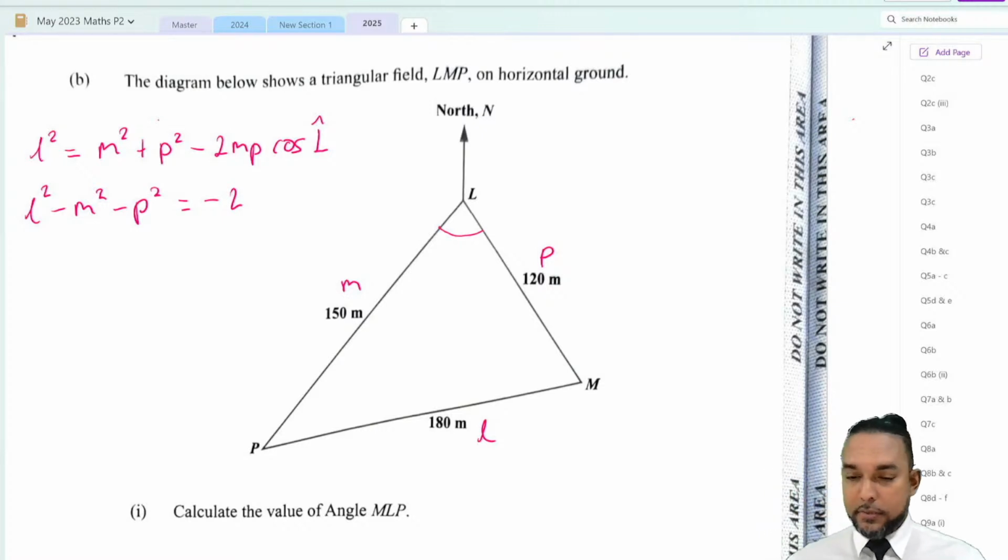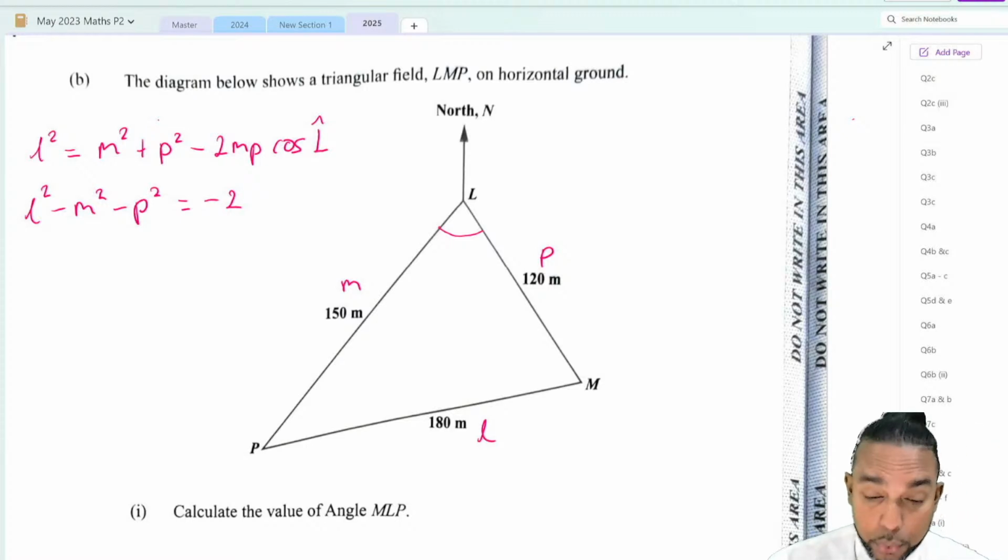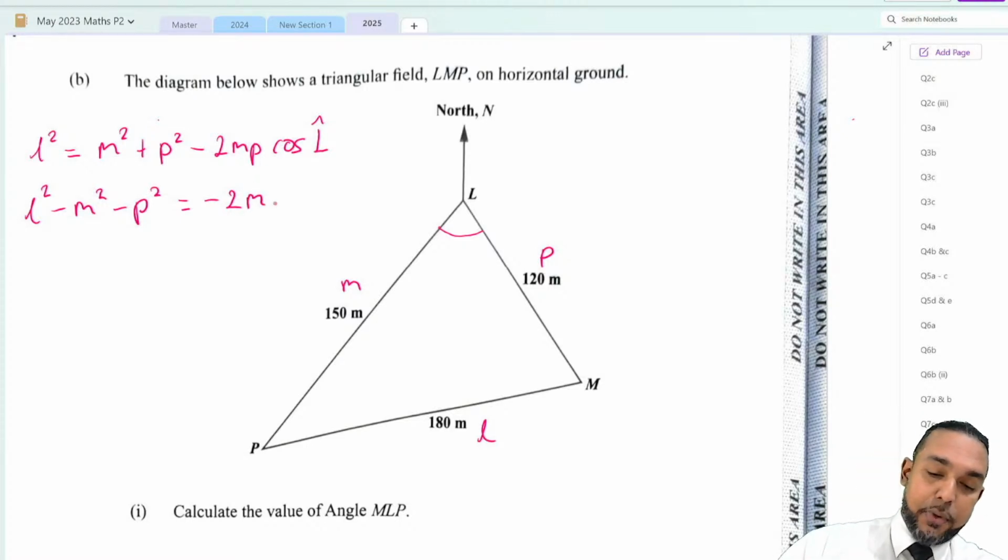Right, sorry. So now when you shift it across, the minus in front of the 2 stays. That minus sign doesn't go anywhere.